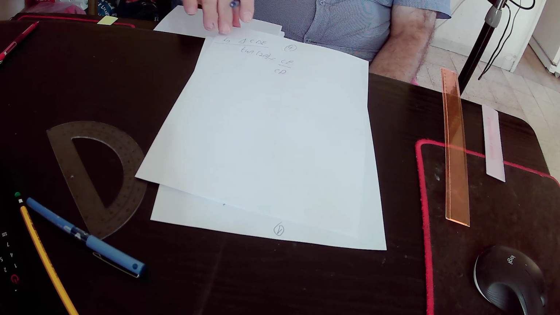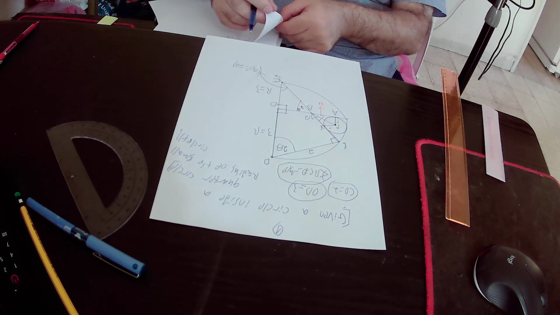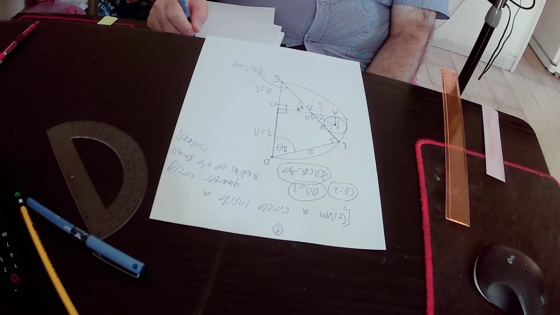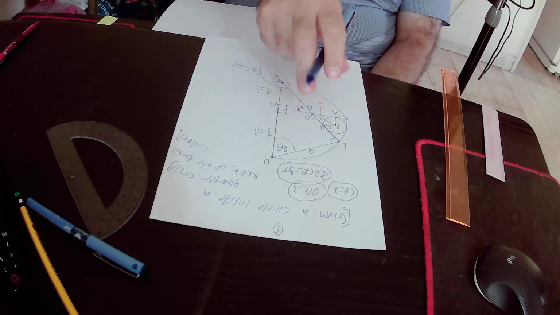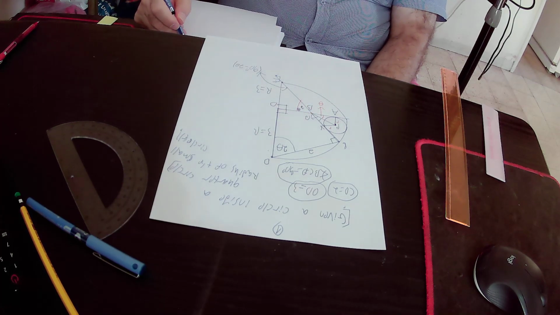Okay, but we have already found out that CE equals 4 times root 2, and it is given in the question that CD equals 2 units.